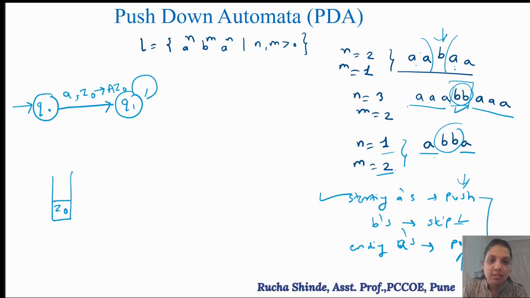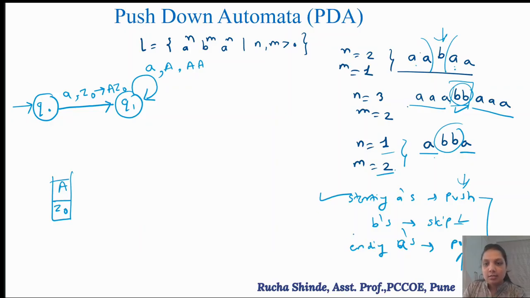We will have a self loop on Q1. Your input will still be a, but instead of Z0, now the top of the stack is capital A, and you are performing a push operation only. So it will go on for all those many a's.